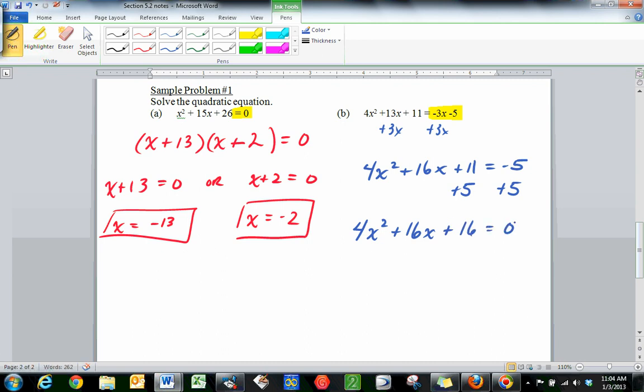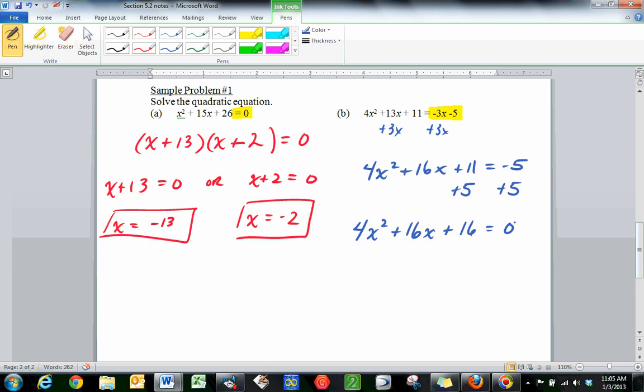Now, we run into a situation that is similar to what we found in our factoring notes, where 4x squared plus 16x plus 16 actually has a common factor. It has a common monomial that can be factored out of that polynomial. In this particular situation, if we were just factoring, we would want to take that 4 out and keep it because it is one of the factored parts of the polynomial.